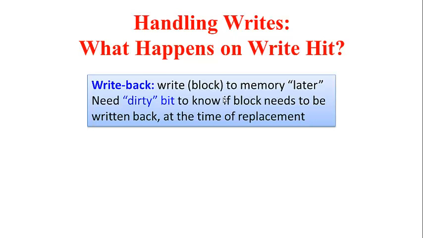One way to handle a write hit is known as write back. Under this option, the processor is going to write only to the cache, and this block of memory will be written back to the main memory later. When exactly will it be written back? It will be written back at the time that particular block is evicted from memory, like it happened in the previous example we worked out.